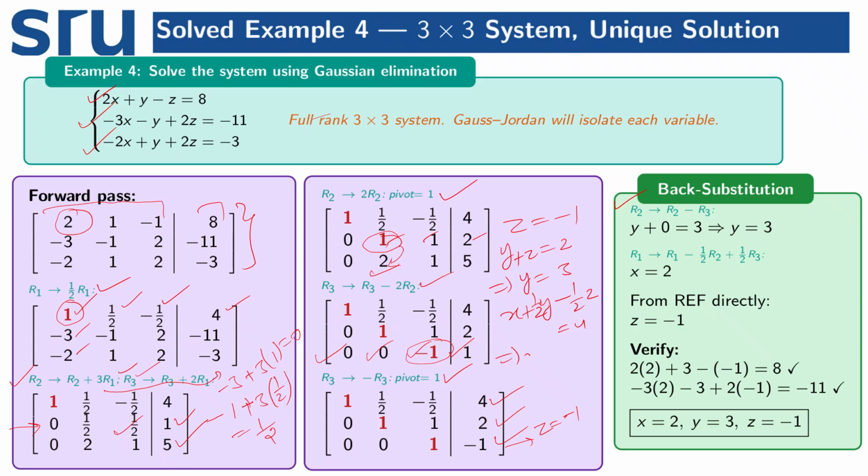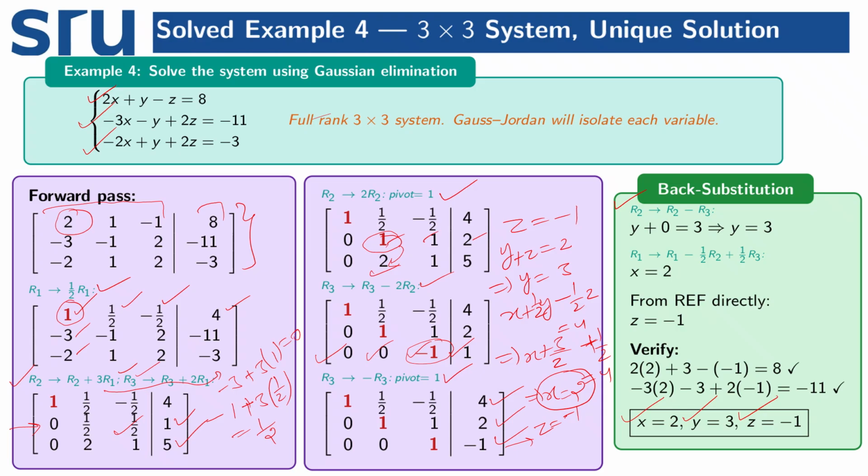So that is going to give you x plus half times y, that is 3 by 2, and minus half times minus 1, that is plus half actually, equal to 4. So it will become x equal to 2. So our final answer is x equals 2, y equals 3, z equals minus 1.